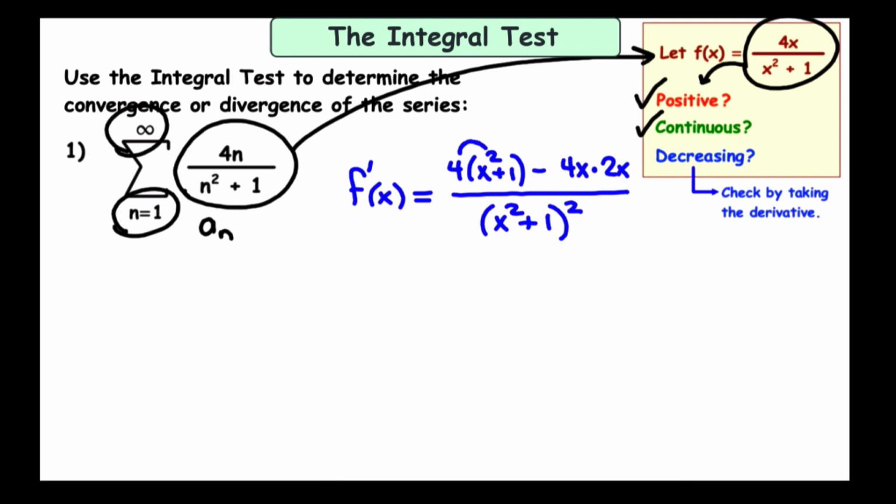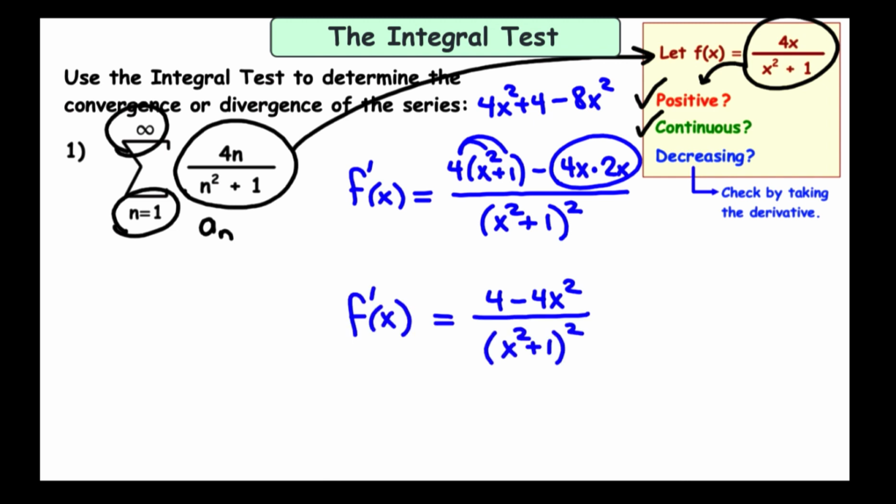We've got 4x squared plus 4 minus 8x squared. That's going to end up being 4 minus 4x squared over x squared plus 1 quantity squared.